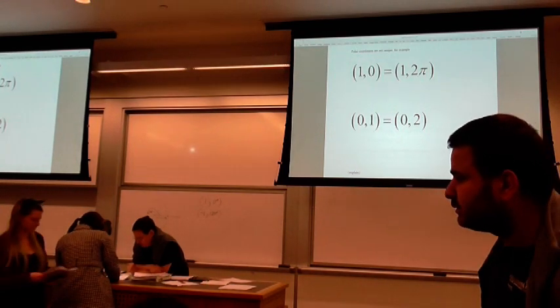I mean, radius 1 at 0 degrees would be over here, and minus 1 at 180 degrees will be the same point. So, again, that's just something you have to keep in mind when you're dealing with polar coordinates.